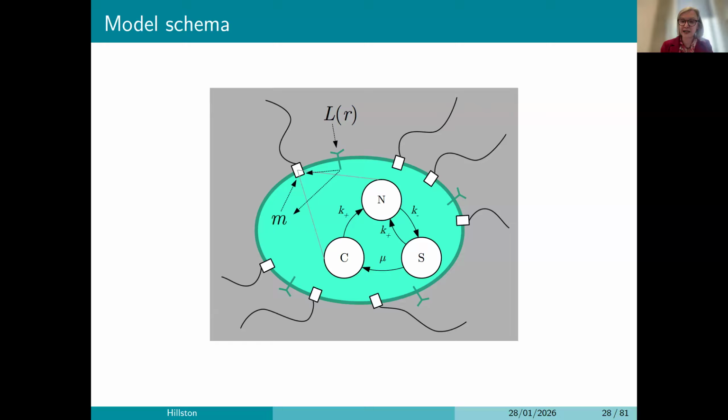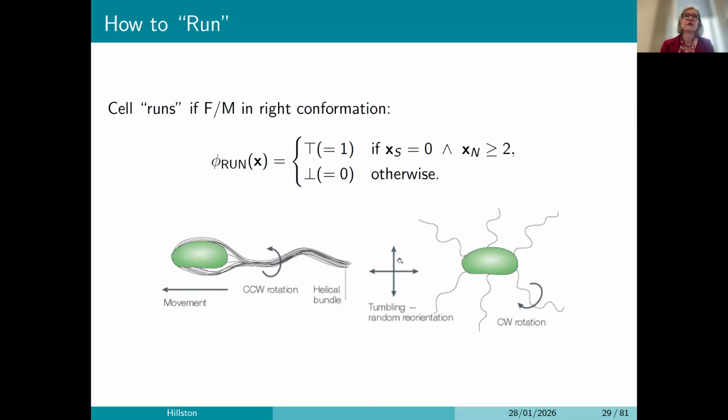So it can kind of develop this idea of moving towards higher concentrations. So our environment is represented to us by these parameters L and M, and our internal state or process is represented by the array of many different flagellar motor pairs in these different states N, C, and S.